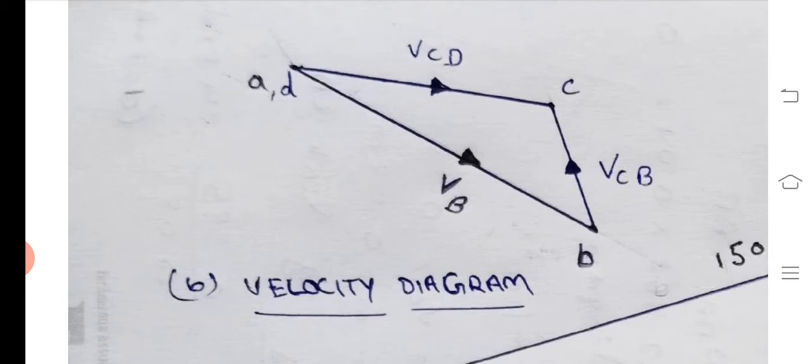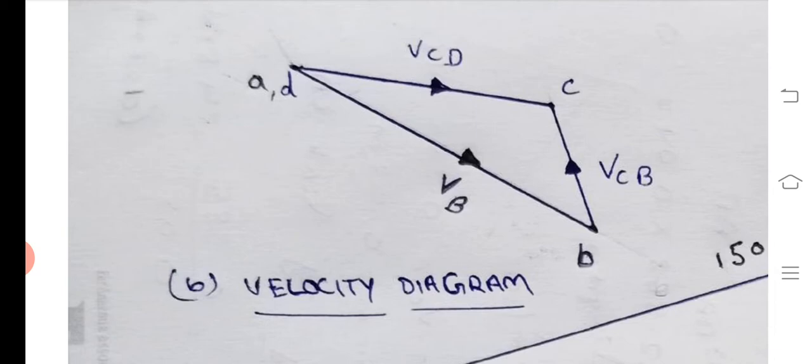First of all, take the fixed point in space by your choice. As we have taken A and D as fixed points in the space diagram, I have taken AD in the space, representing the fixed point.